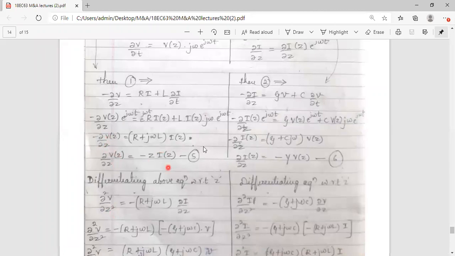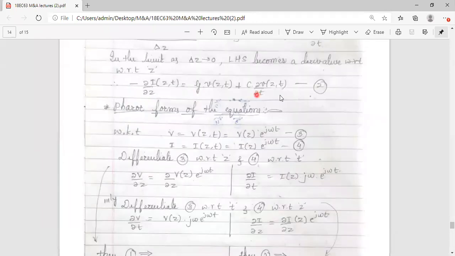Only one time differentiation when we do it. Let's go for the KCL equation, and similarly we will find the first order equation, and after that we can go for second order. Simultaneously we can cover both. Equation 2: it is I(z,t), V(z,t). Simply, instead of that, I can take I, V and V. That's it.